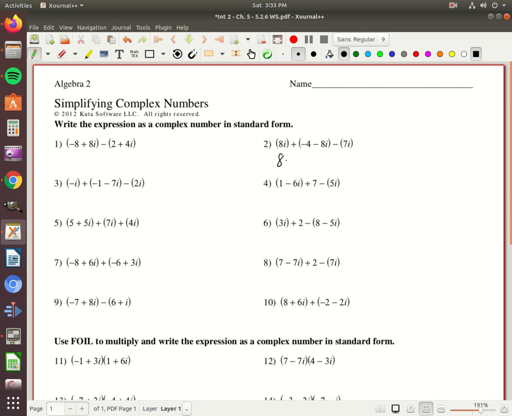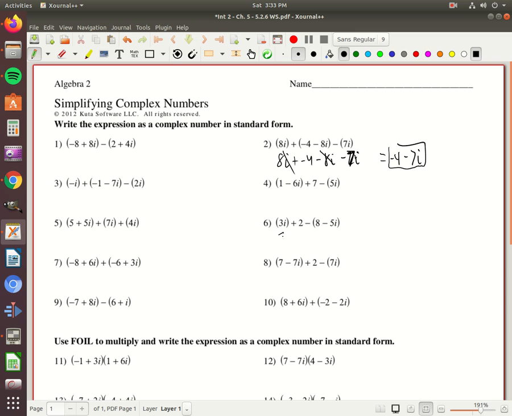So 8i plus negative 4 minus 8i minus 7i. Well, 8i minus 8i cancels out, so I'm just going to have negative 4 minus 7i. So it really follows the same rule of combining like terms. I can add i's together, but I can't add whole numbers to them.